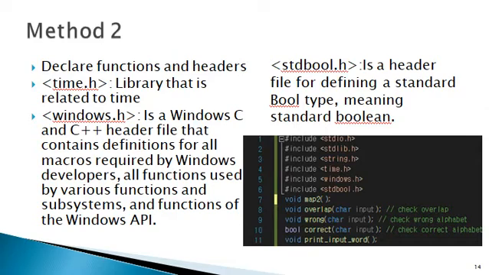Now let's see stdbool.h. It is a header file for defining a standard bool type, meaning standard boolean.